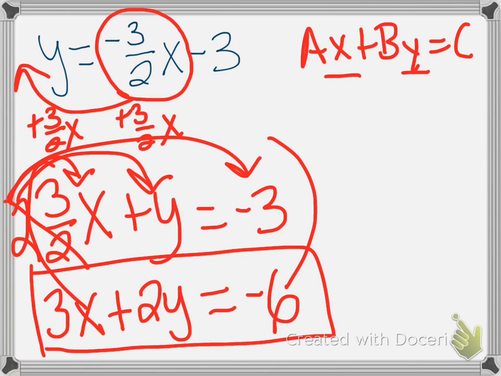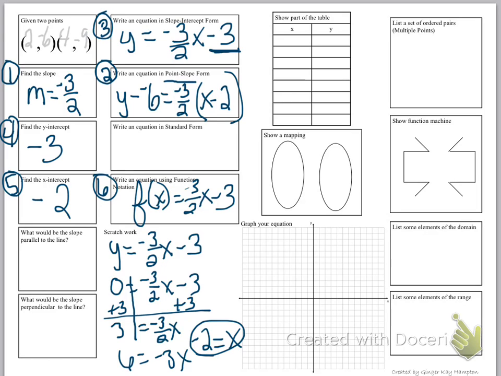So that's our standard form, because we want all whole numbers for our coefficients. So we're going to go back to our page, and we're going to put that on here. 3x plus 2y equals negative 6.